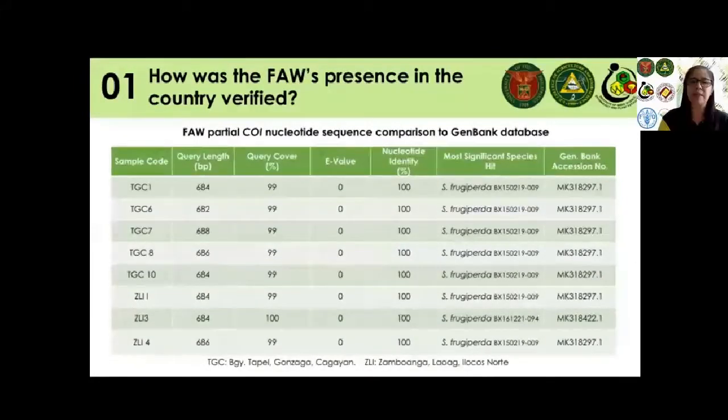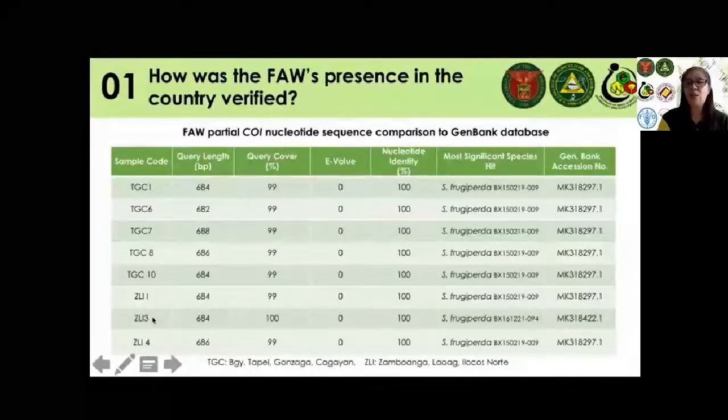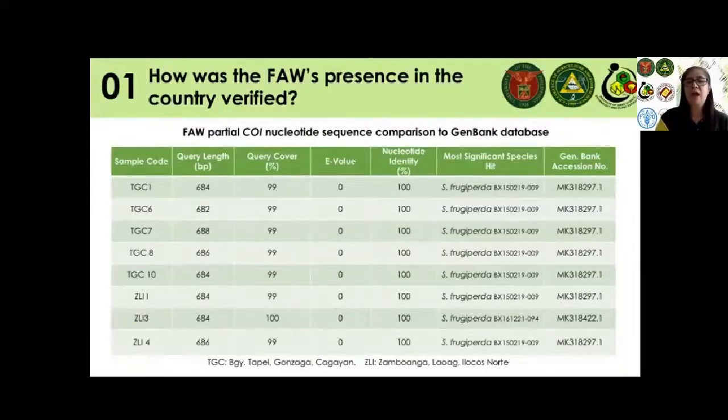So this table summarizes the obtained COI sequences as compared with the nucleotide sequences in the GenBank using the Basic Local Alignment Search Tool, or BLASTN. All samples had a significant hit of 100% identity with nucleotide sequences of FAW with GenBank accession number MK318297.1, except for this SL3 with 100% nucleotide identity with FAW with GenBank accession number MK381422.1.